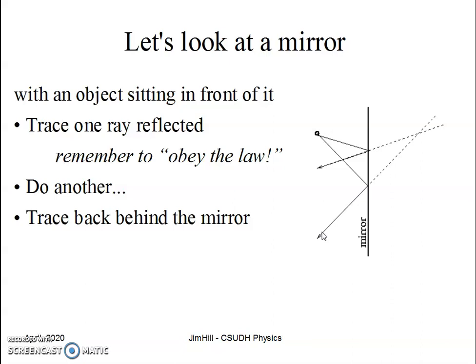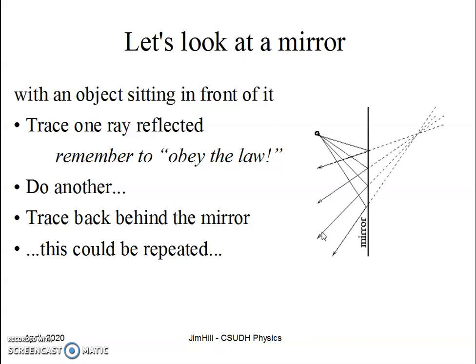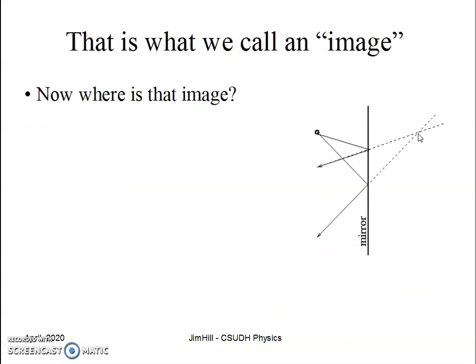But the interesting point is that if I keep doing this, if I draw many lines, I find they all look like they came from the same place. And that's important. That's really the point here. All of these reflected rays appear to have come from one point behind the mirror. That point is, as you've guessed, the thing we call the image.